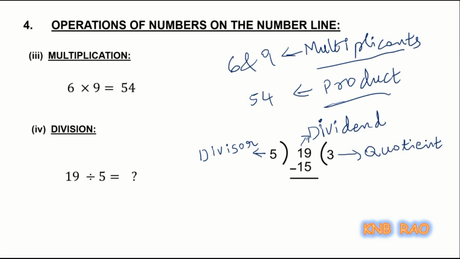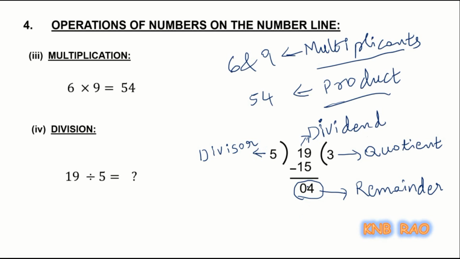After subtracting we get the difference as 4, but in this division operation, when the product of 5 and 3, which is 15, is subtracted from the dividend, this is called the remainder. So we need to know these 4 important terminologies related to division operation.